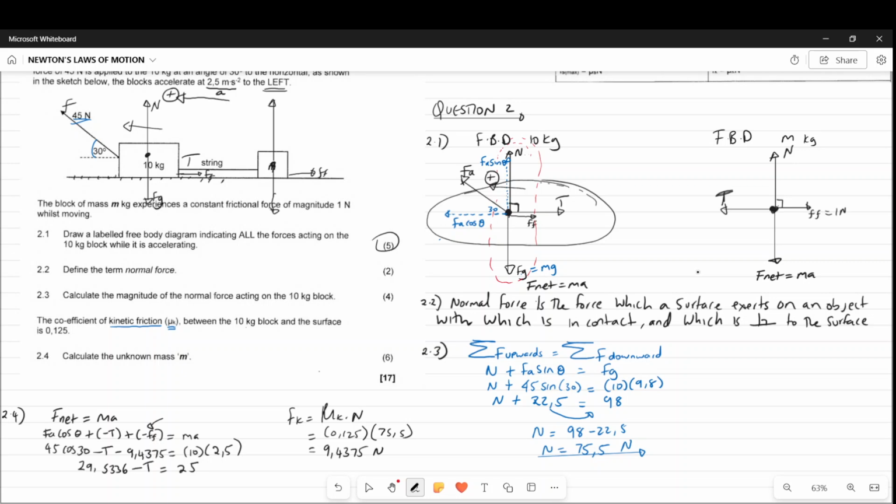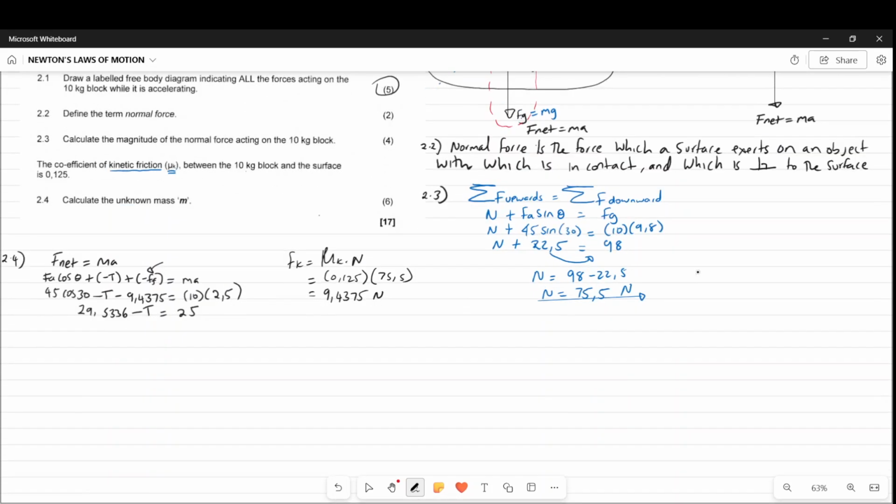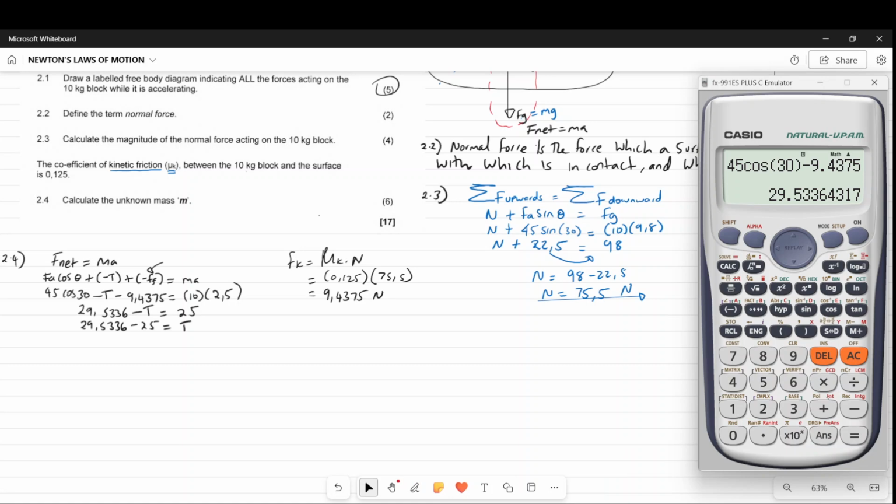So now you just take tension this side and bring the 25 this side. So you'll have 29,5336 minus 25 is equal to tension. Our final answer is 4,5336 newtons for tension.